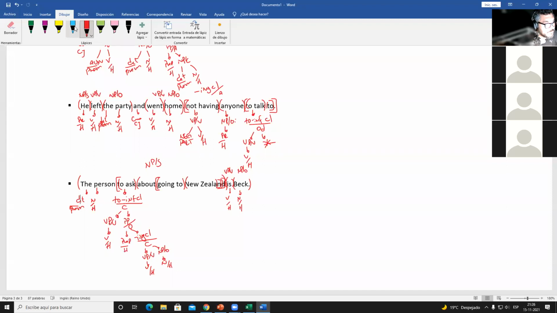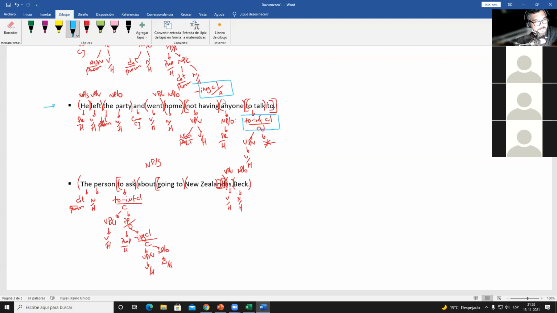In these two different examples, you can see how the to-infinitive clause, right? The ing clause, in this case, the ing clause is an adverbial, and the to-infinitive clause is a direct object, right? The ing clause is part of the valency pattern on top of it.